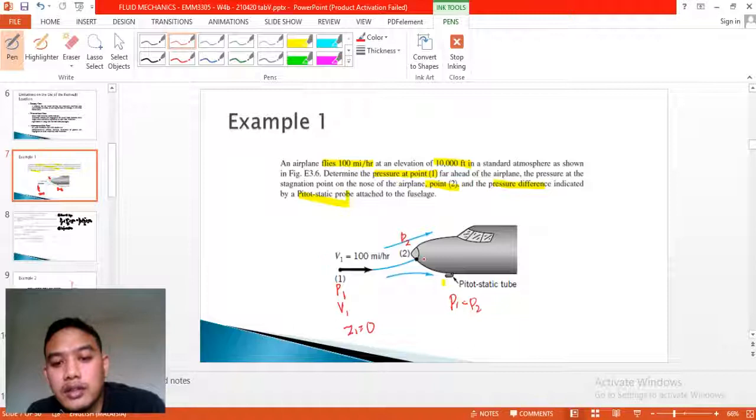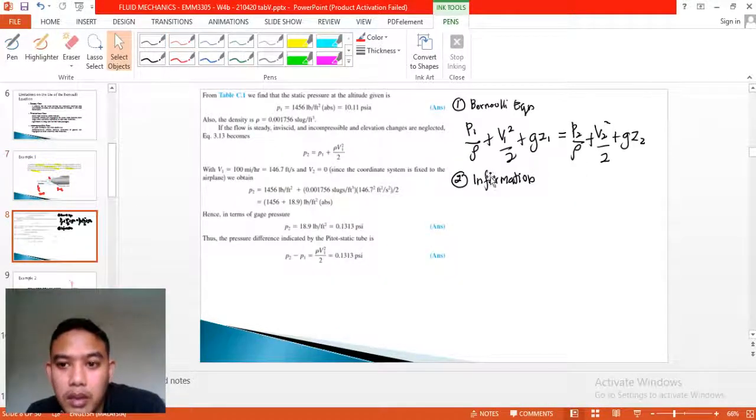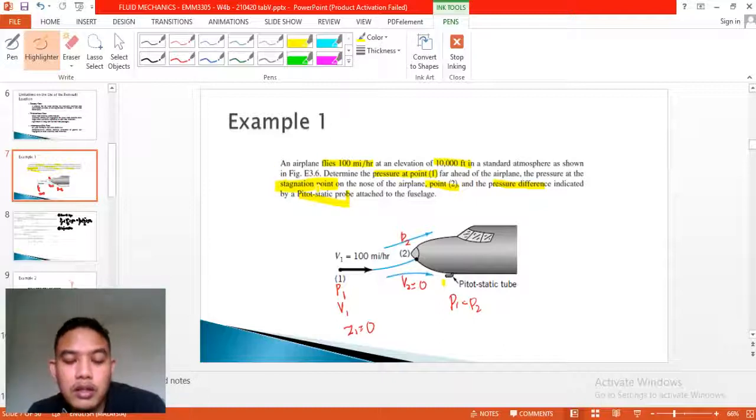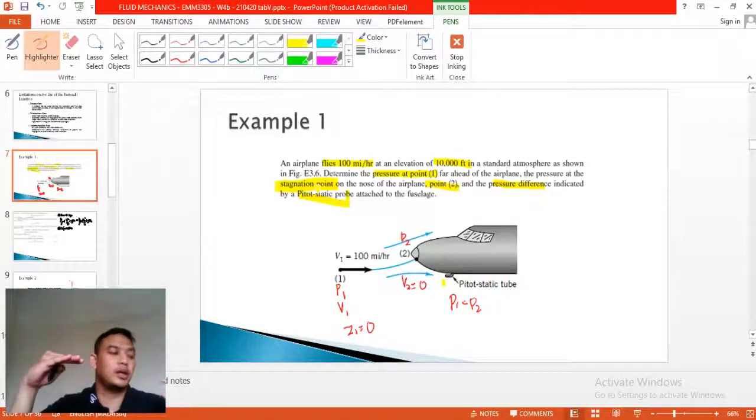So that means it is a stagnation. In P2 we have the pressure value, and V2 is equal to 0. Why? Because it is the stagnation point. What stagnation point means, for example, this is the airplane, the flow passing through it.